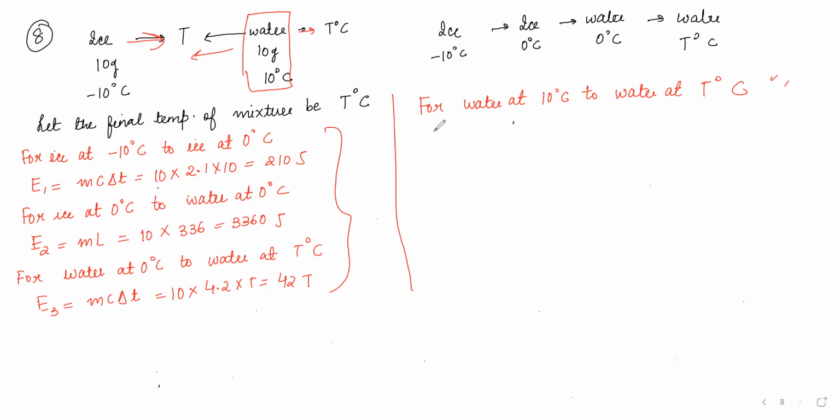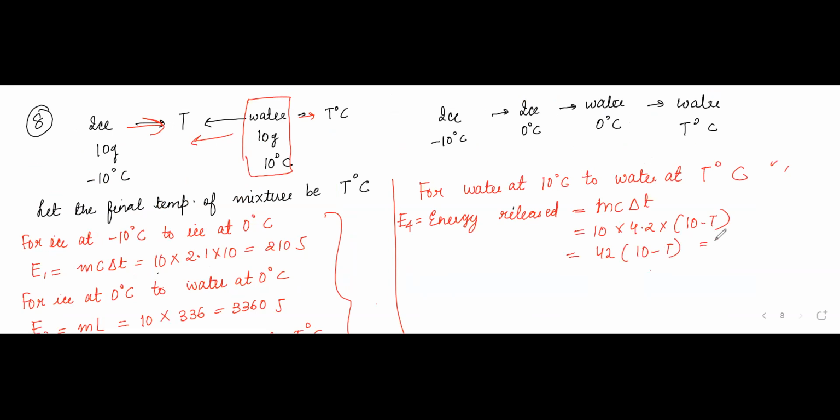Okay, so what you will be writing, energy released, maybe you can write this as E4, is equal to MC delta T again. So M has been given as 10, C is 4.2, into 10 minus T. Why? Because T is the final temperature. So here you are getting 42 into 10 minus T. So you can write it as 420 minus 42T.